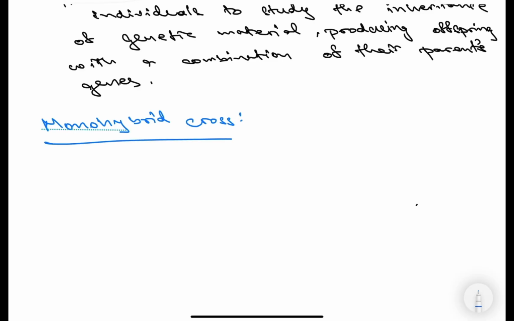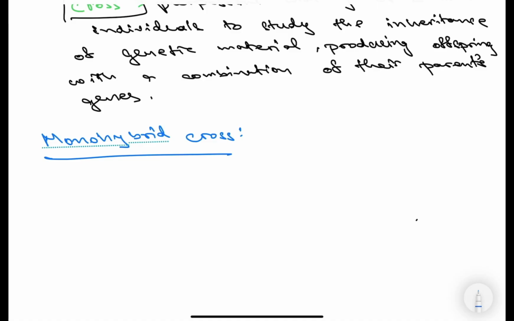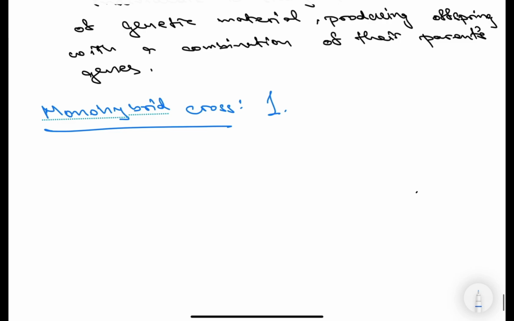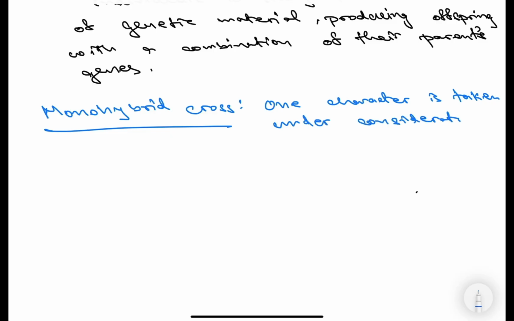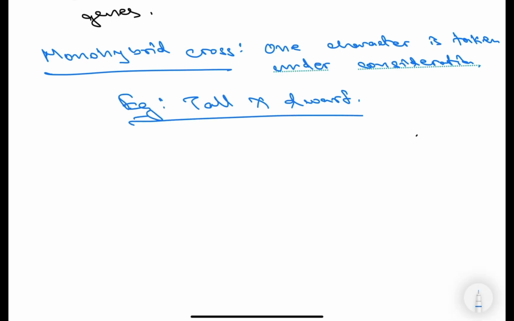A monohybrid cross is a cross between two plants where only one character is taken under consideration, like a tall plant crossed with a dwarf plant. Here is an example.